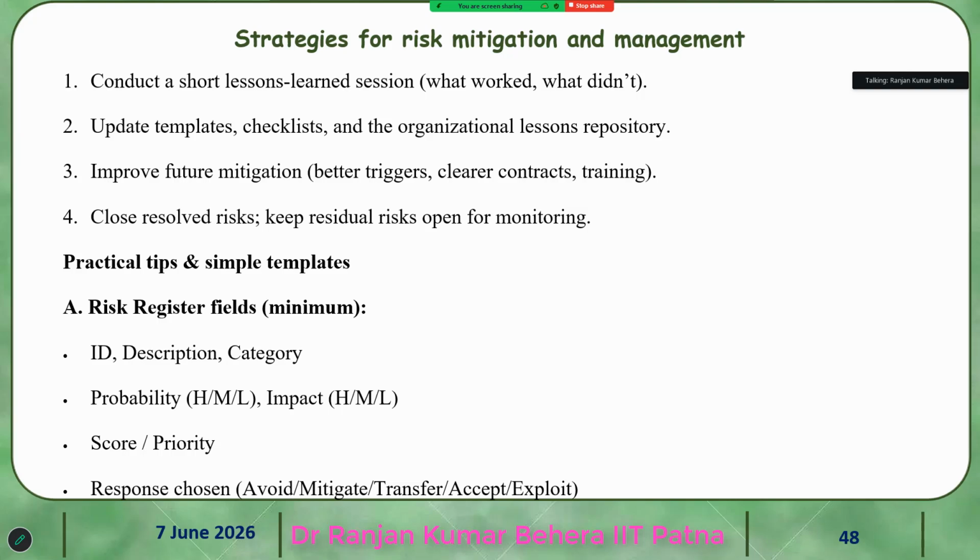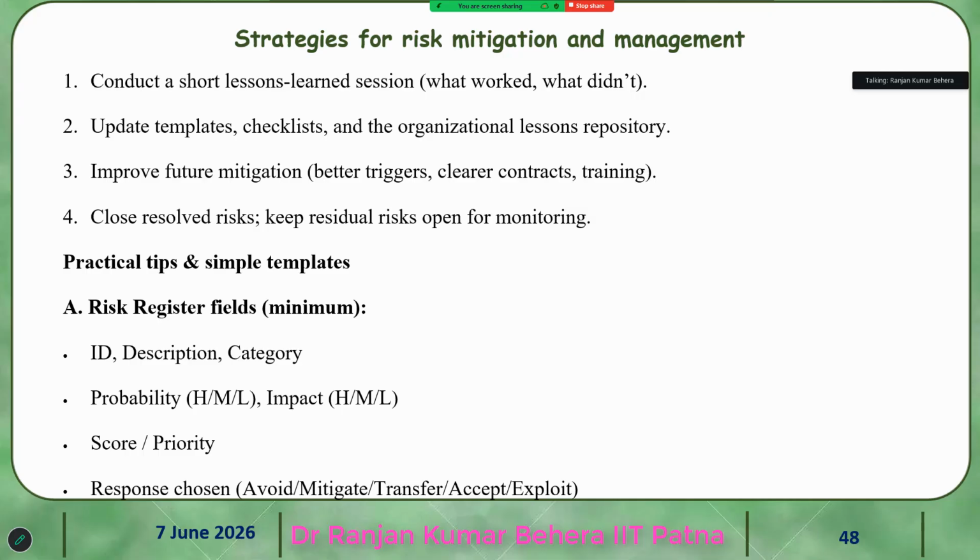And for practical risk register fields, you can see ID, description, category, probability high, medium, or low, impact also high, medium, low. And then score, priority, what is the score.